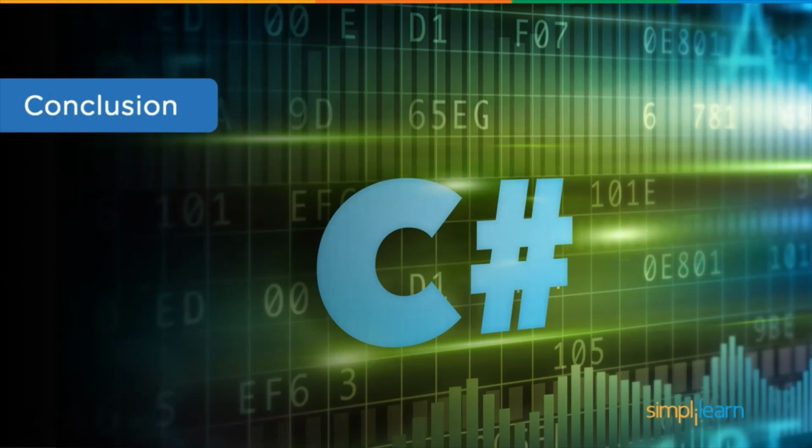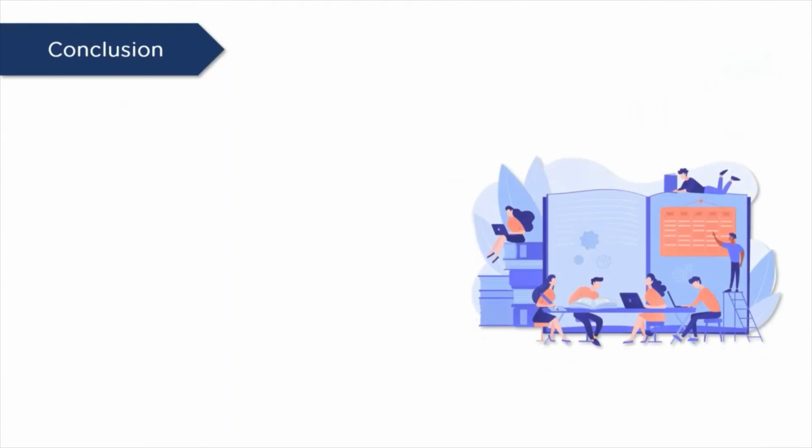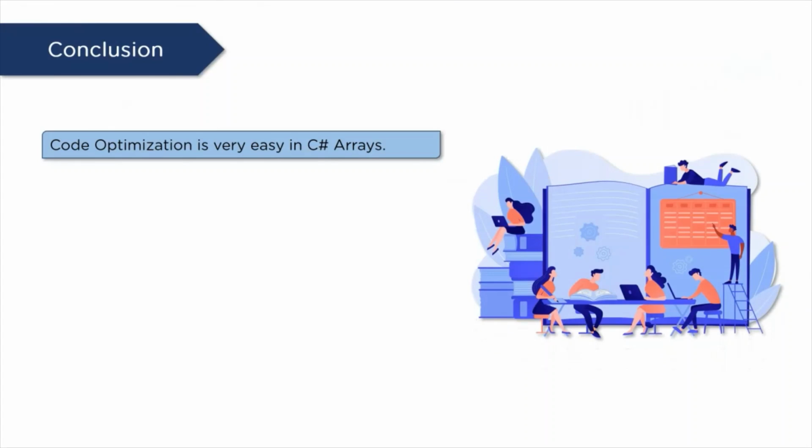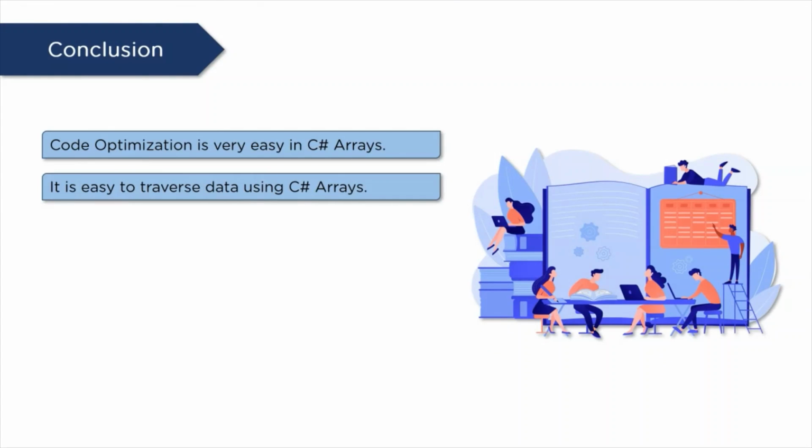During the course of this video, we have discussed C# arrays and their types, along with their advantages and disadvantages. Now, let's conclude this video with a brief summary on C# arrays. First up, in C# arrays, code optimization is an easy task. Next up, using C# arrays, you can easily traverse data.